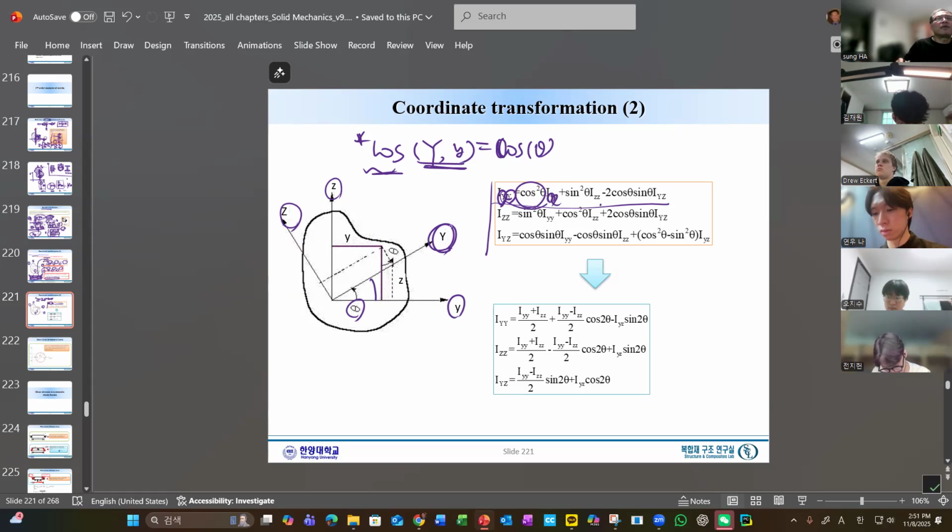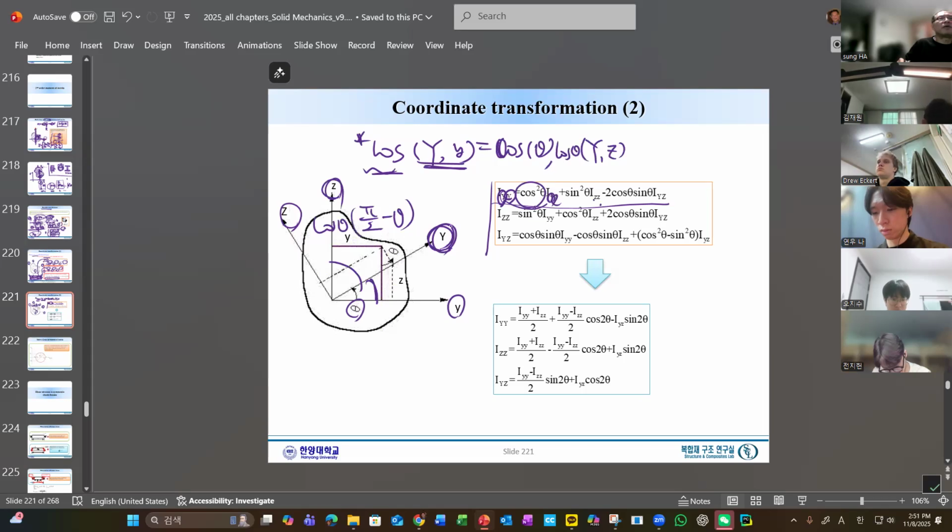So here we have Y and z, large Y and small z. What is the angle? This is pi over 2 minus theta, because this is theta, right? And then the cosine of this, what is that?